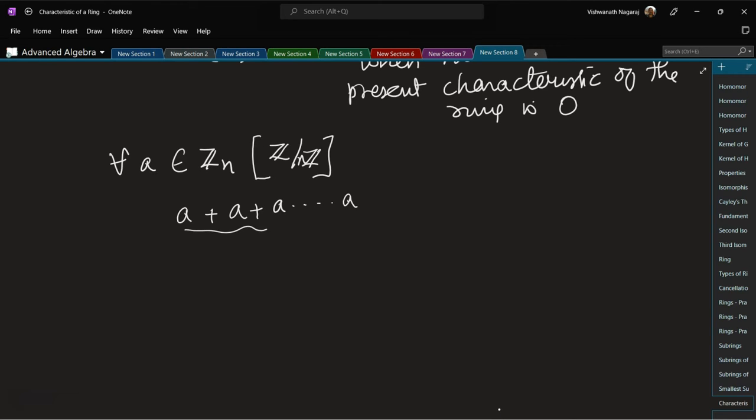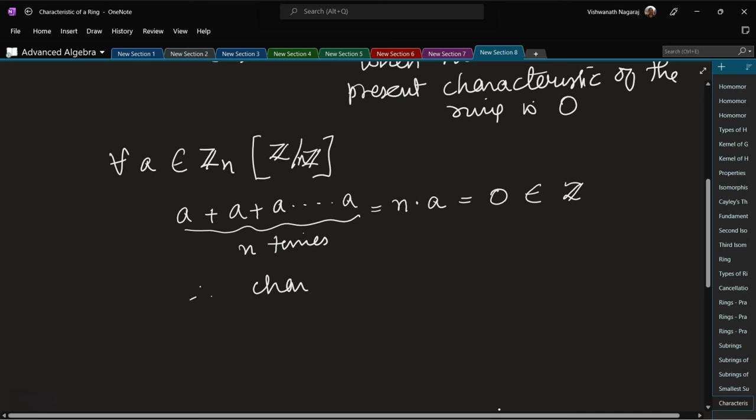So this is n times. If we add it up n times, it can be written as n times a, and we will get to 0, which belongs to the set of integers. So therefore, in this case, the characteristic of Zn is equal to n.